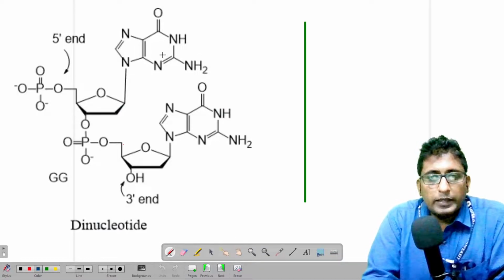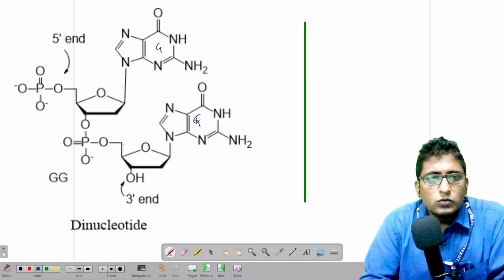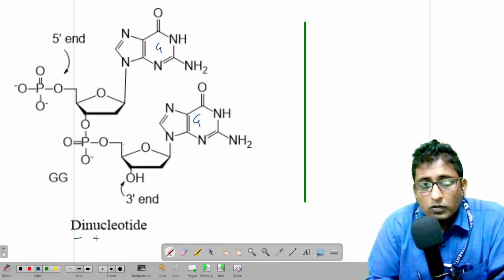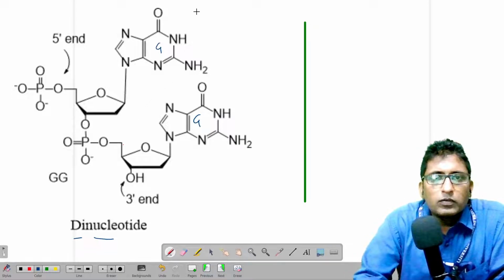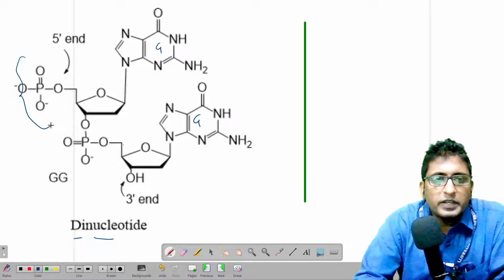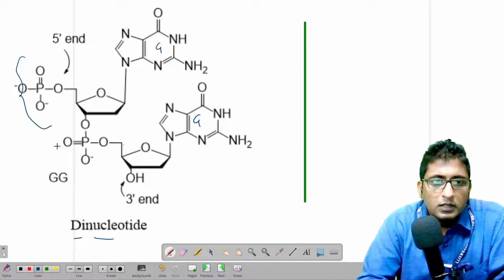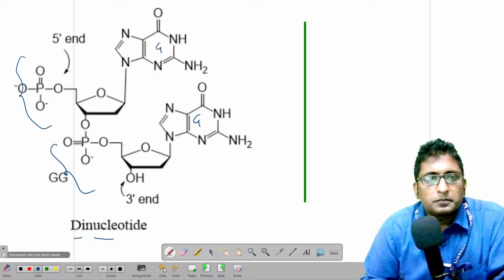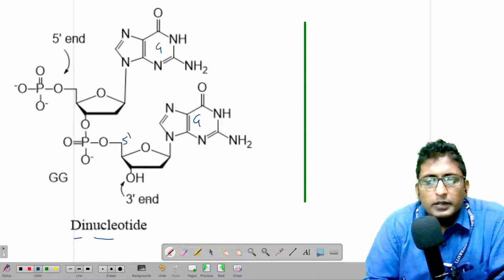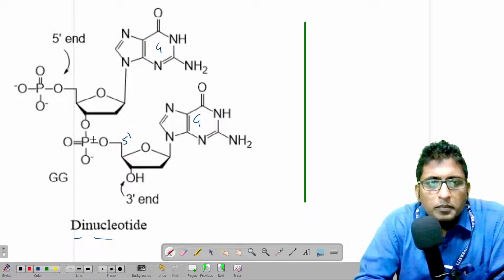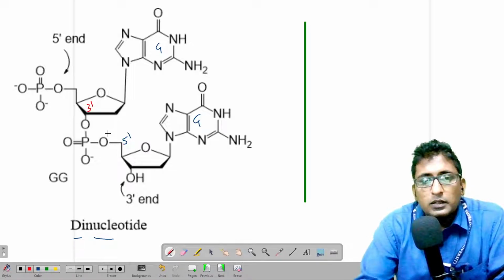Here we see a base, and this is guanine, and this one is guanine 2, and this is a dinucleotide of two guanines. Guanine is in monophosphates, and this is one component, this makes up one nucleotide, and this makes the other nucleotide. So the 5' carbon is here, and it forms a phosphodiester bond with the 3' OH of the preceding deoxyribose.